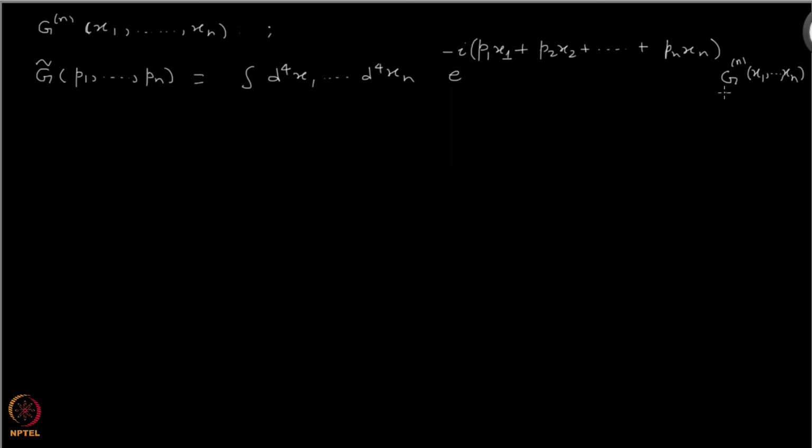The xi dependence was merely e to the minus I li xi if li enters the external point.